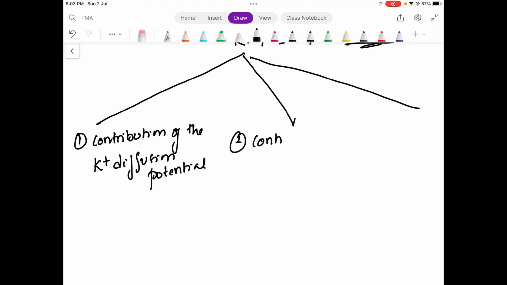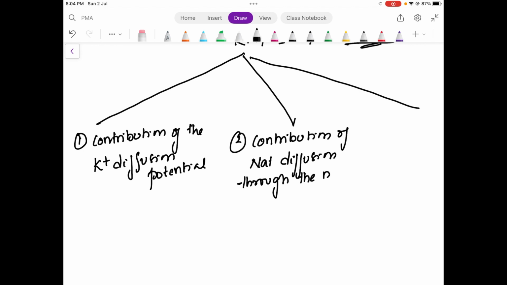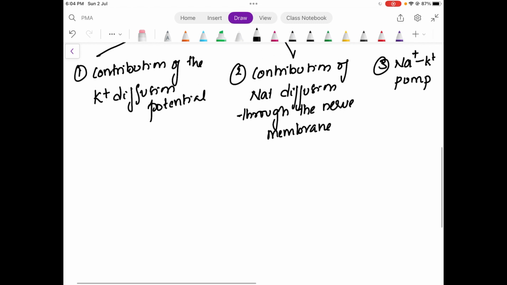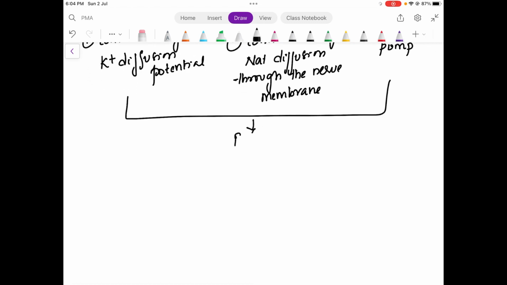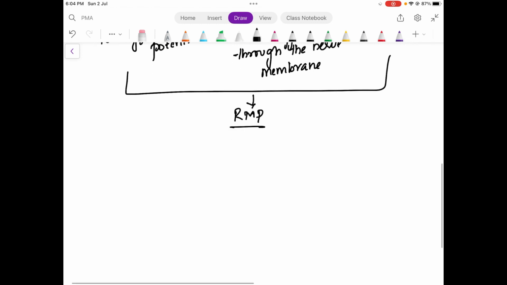Next one is the contribution of sodium diffusion through the nerve membrane, and the next one is the sodium potassium pump. These are the three factors which help in maintaining the resting membrane potential, RMP.